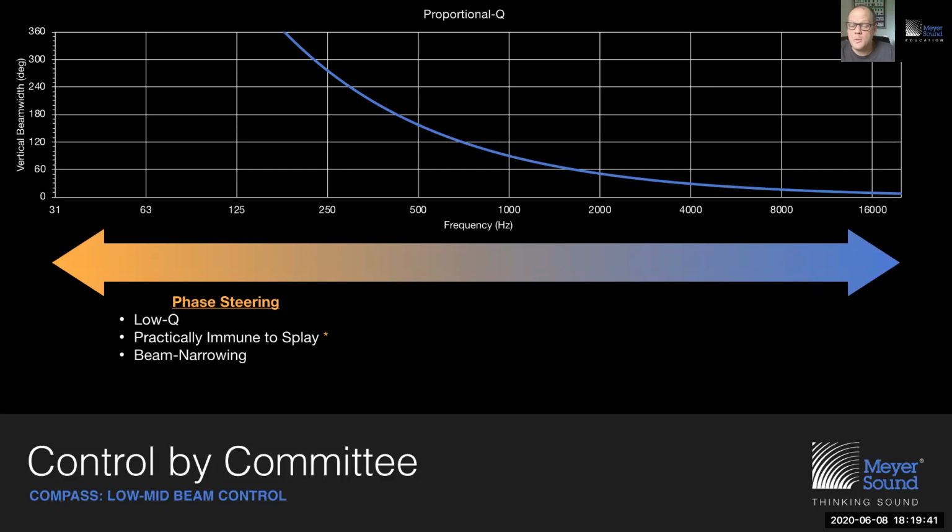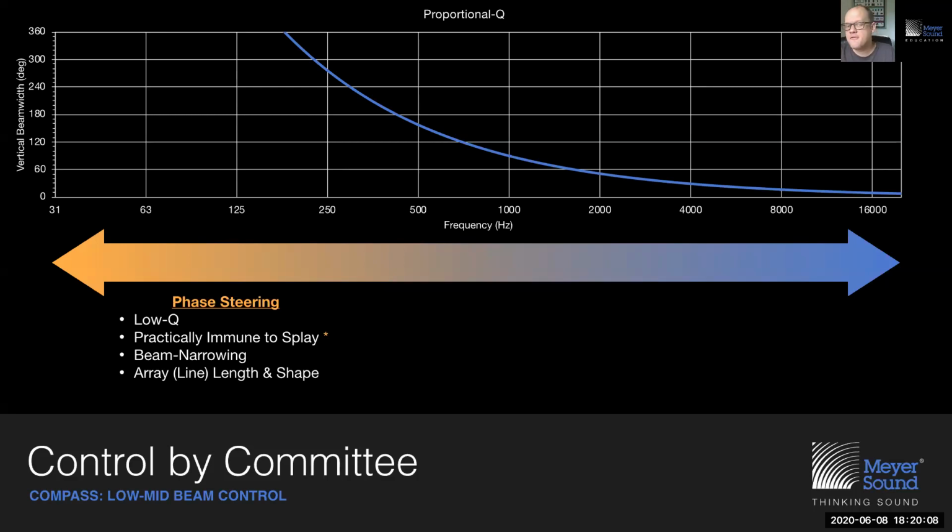That being said, we're still going to use that loudspeaker to narrow the beam. And in order to do so, the driving force, the driver at low frequencies, is the length and the shape of the array. As we're about to discover, the longer the array is, the more the beam gets narrowed, the more the beam gets squashed, whereas the shorter the array is, the more the beam gets spread.